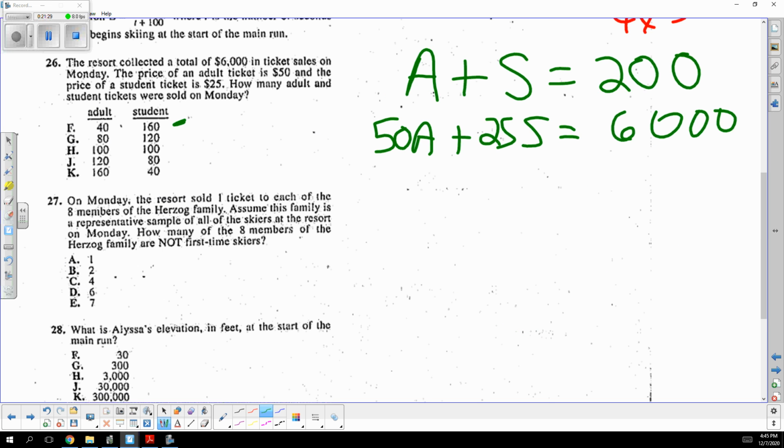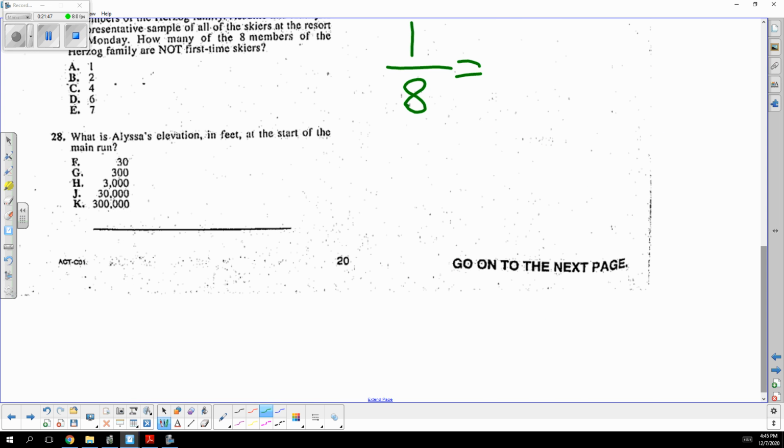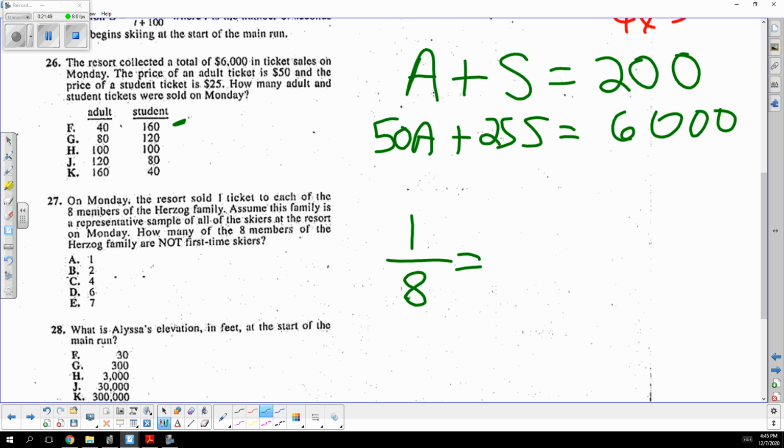On Monday, we sold one ticket to all 8 and assume this family is representative of the people. So 25 of the 200 were sold to first-time skiers.